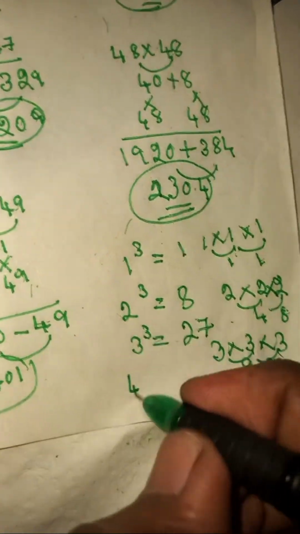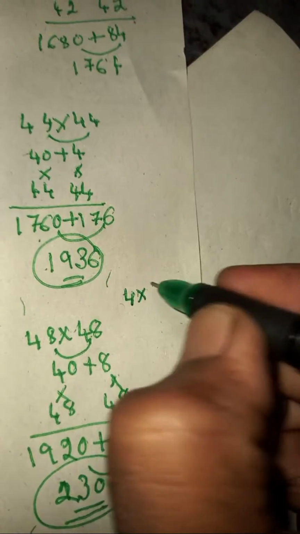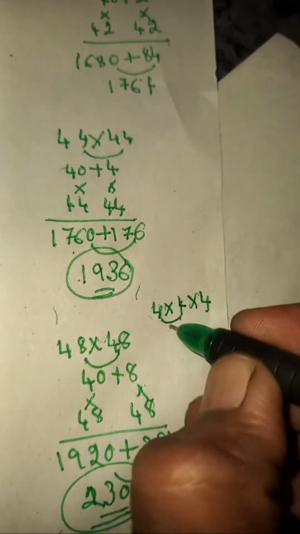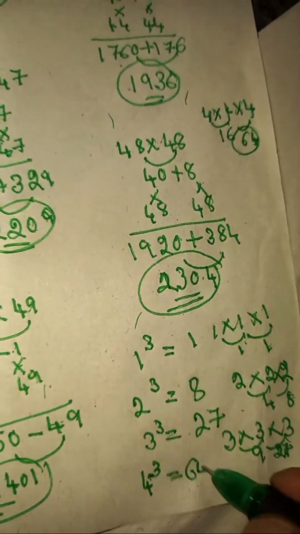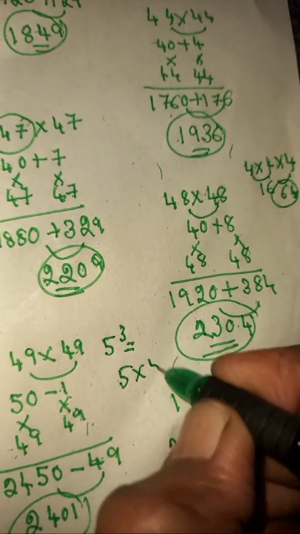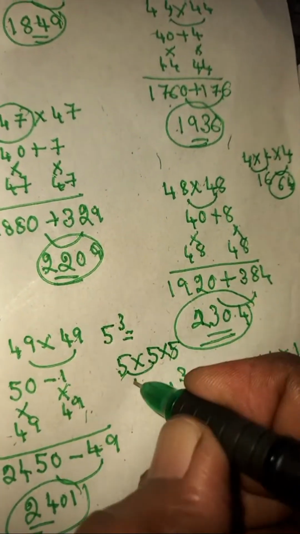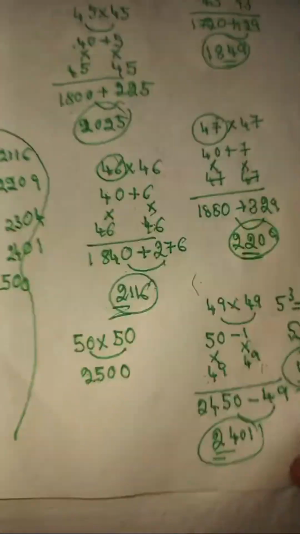And 4 cube equal to 4 times 4 times 4, 4 times 4 is 16, 16 times 4, 64. 5 cube equal to 5 times 5 times 5, 5 times 5, 25, 25 times 5, 125. So this completely equals 5 cube, 125.